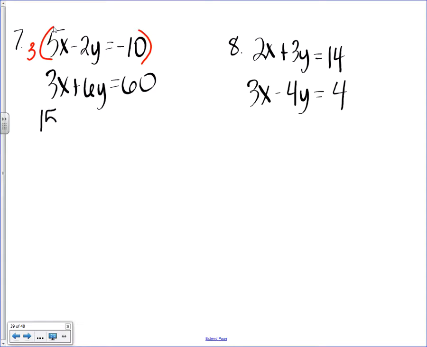So I get 15x minus 6y is equal to negative 30. And now you have additive inverses and you're able to solve.